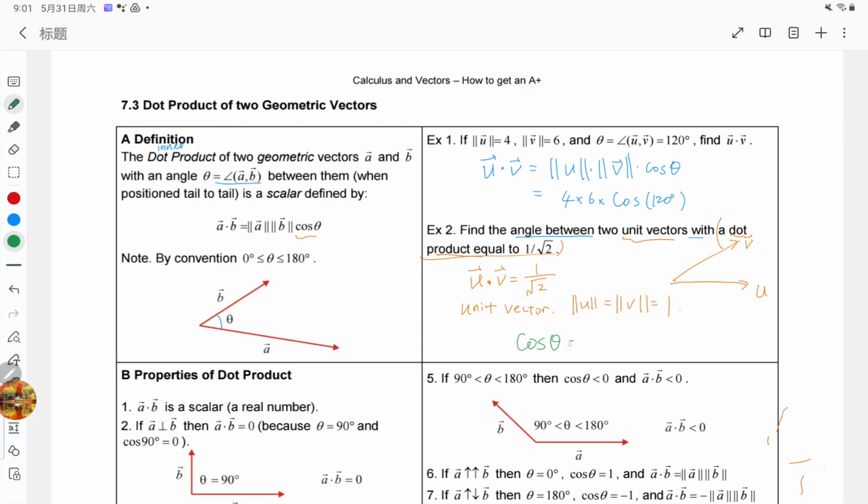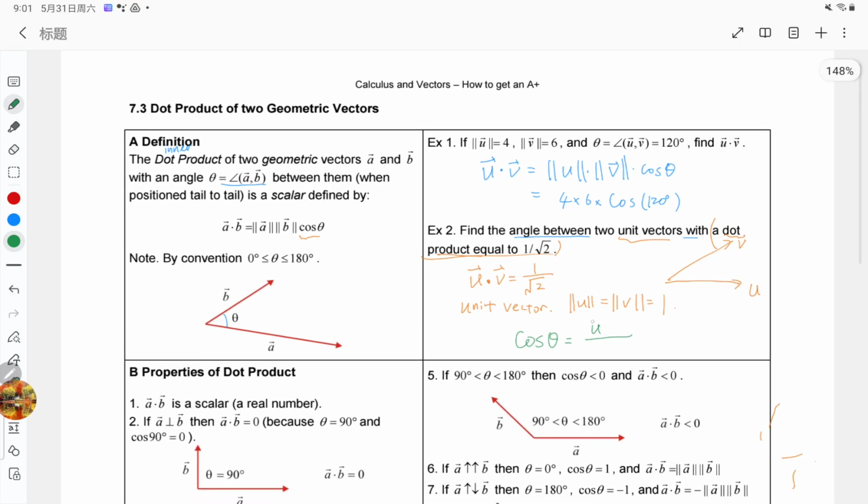Cosine theta is the inner product of u and v divided by the length of u multiplied by the length of v, right? Now it tells you it's two unit vectors. Unit vector means length is 1, so this is 1 times 1, and then the inner product is this, right?